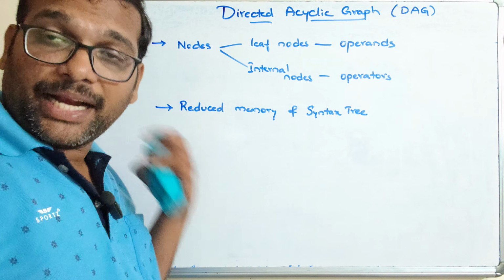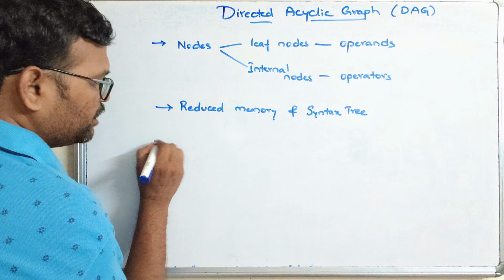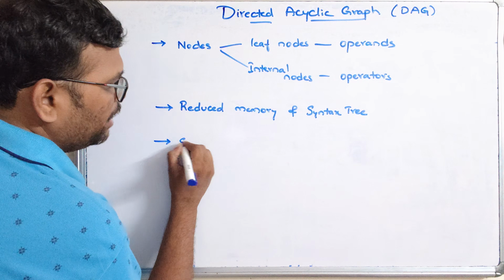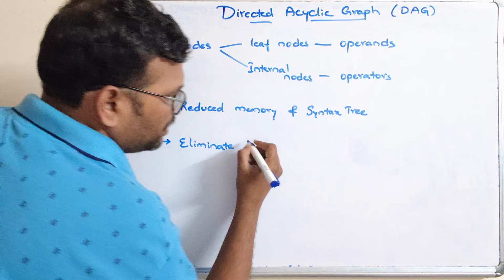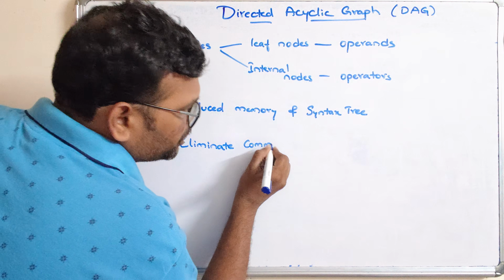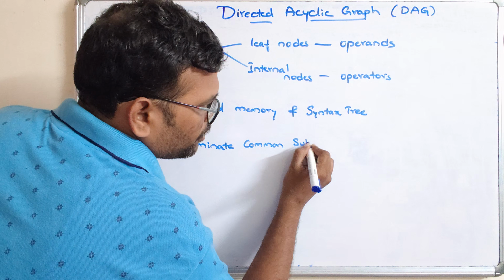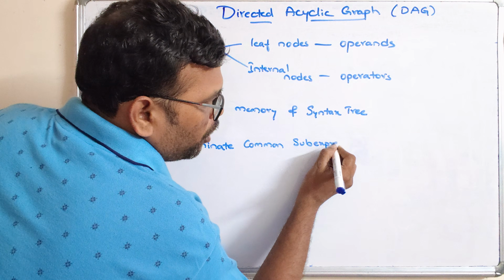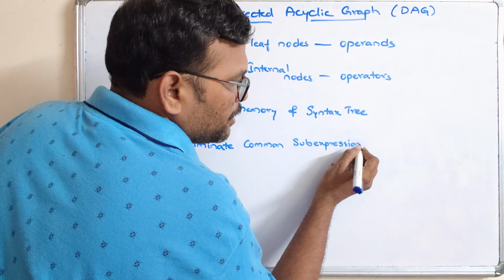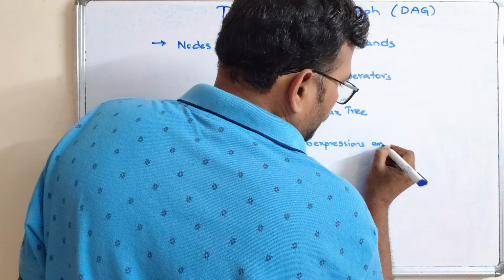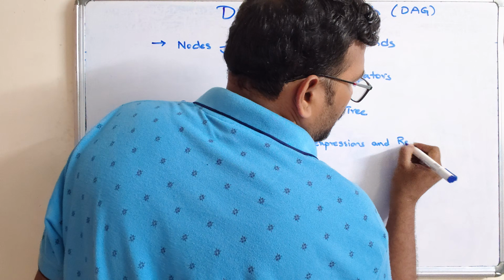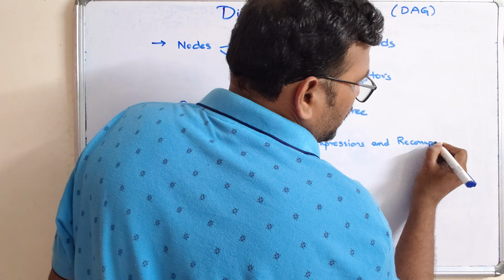So how can we say reduced memory? The main aim of this is to eliminate common subexpressions and recomputational expressions.